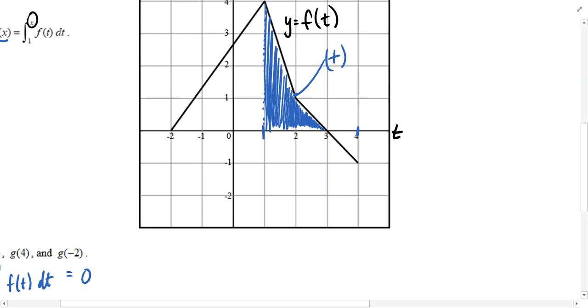But as we get to this point on the right side, we start losing some of our stuff because the area that we're calculating now is underneath the x-axis. We actually start losing stuff. So imagine, if you will, that this function f of t was representing how fast we were moving in a car based on the time t. If t is positive, the amount of distance that we are away from our starting point is growing.